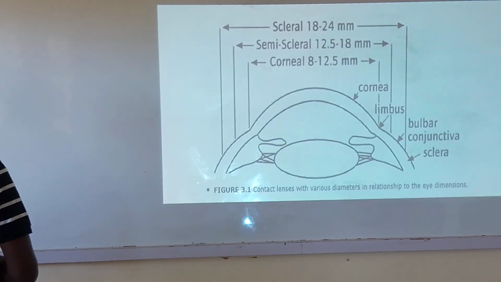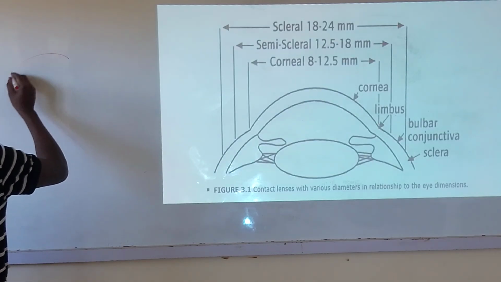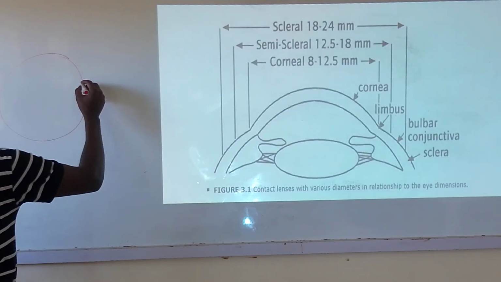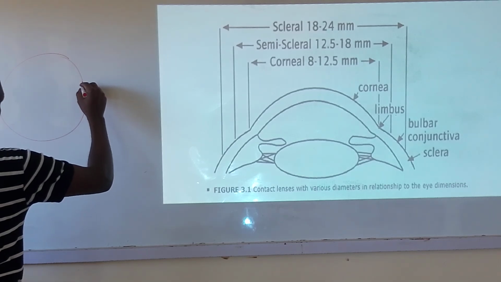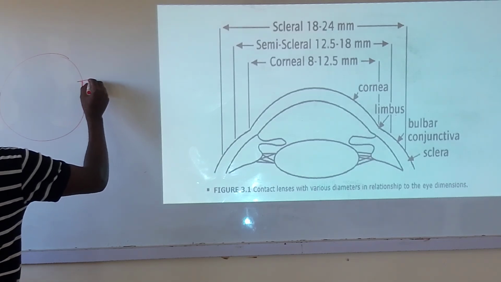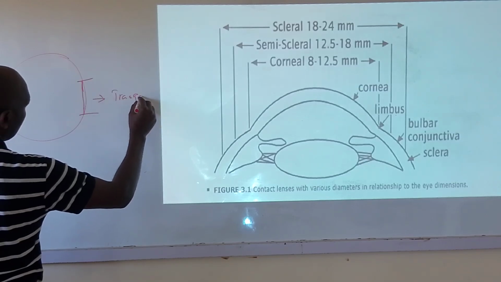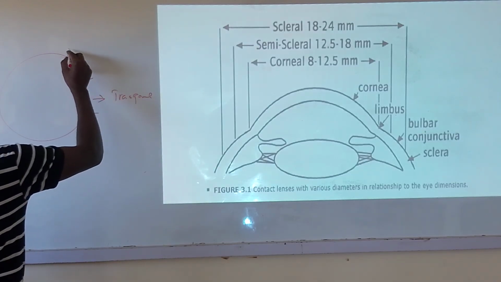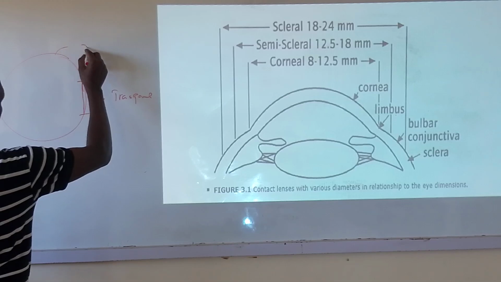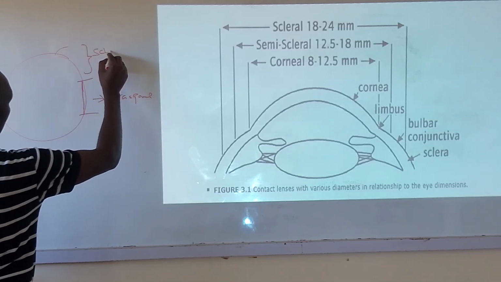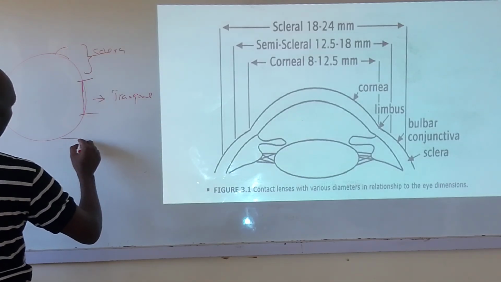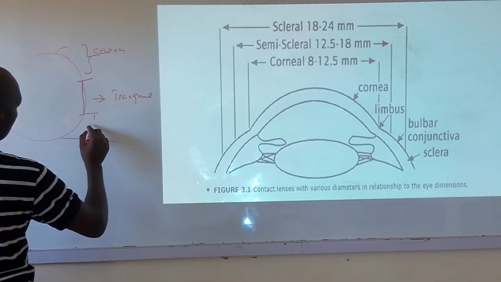Remember, when you have your eye here, and your cornea is from this point here, the cornea, we said, is supposed to be transparent. This other space here, from this point here, is the sclera. The same thing here. This is sclera.